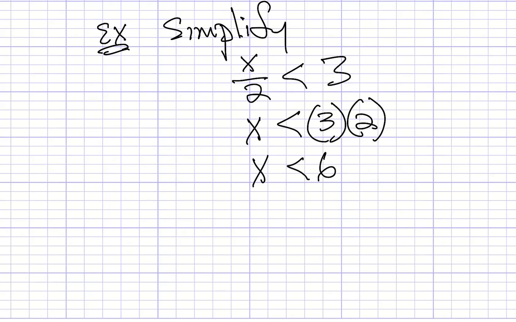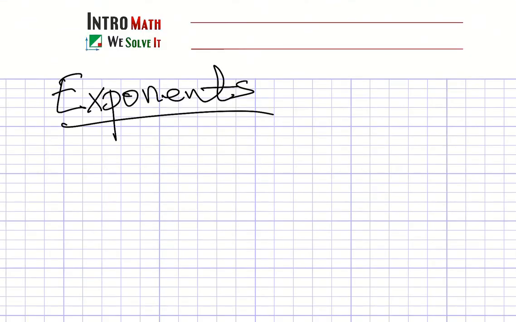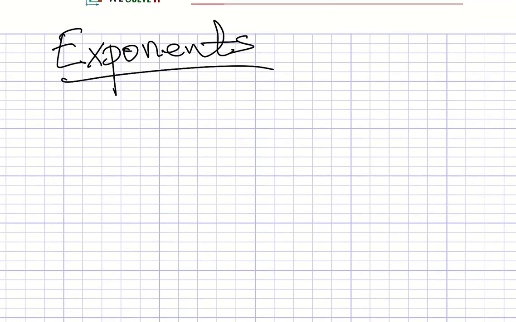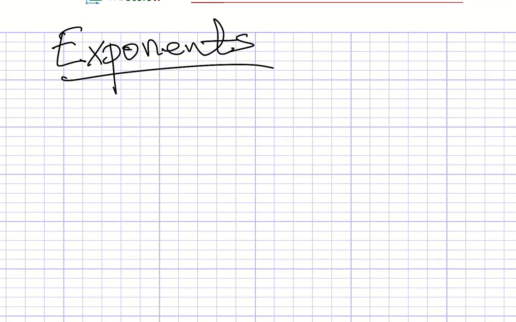So let's move on. All right, let's deal with exponents. Notice that 2 times 2 times 2 times 2 is the same thing as 2 multiplied 4 times. So this can be written as 2 raised to the power 4, because it's 2 multiplied 4 times.